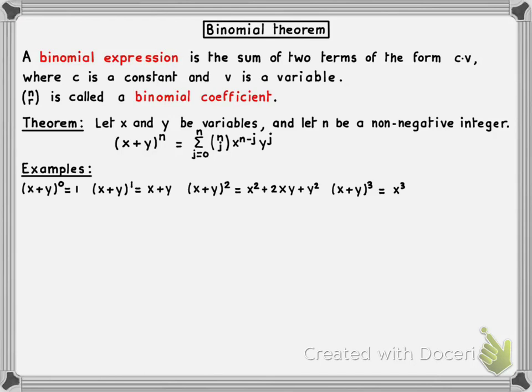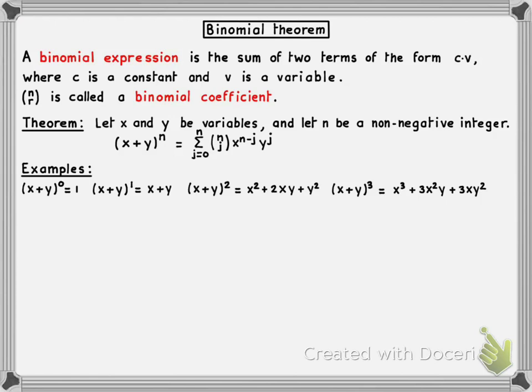Then for j equal to 1, 3 choose 1 is 3, x^(3 minus 1) is x squared, so we have 3 times x squared times y^1, or y. For j equal to 2, we have 3 choose 2, which is again 3, times x^(3 minus 2), or x, so we have 3x times y^2, or y squared.